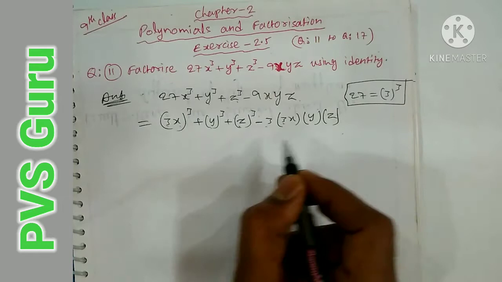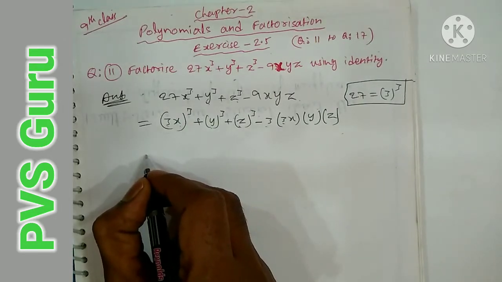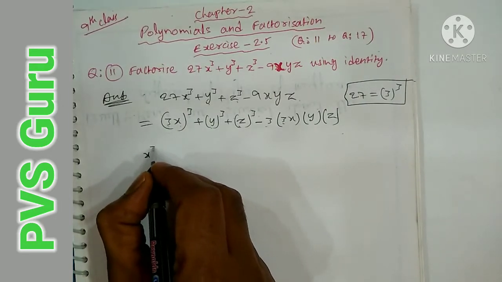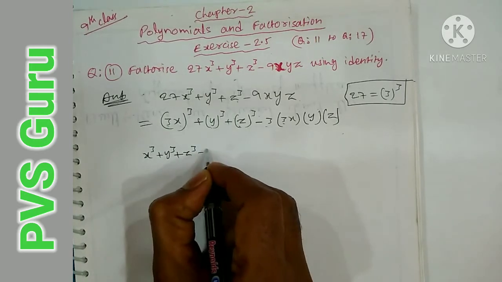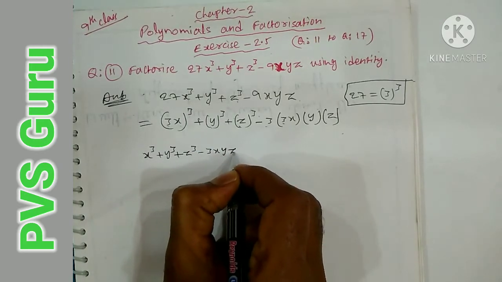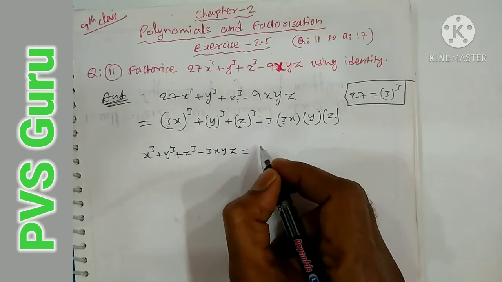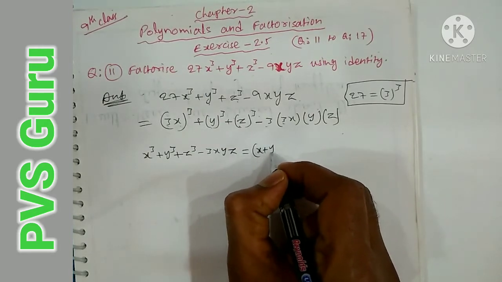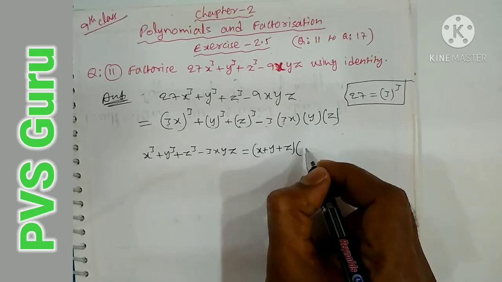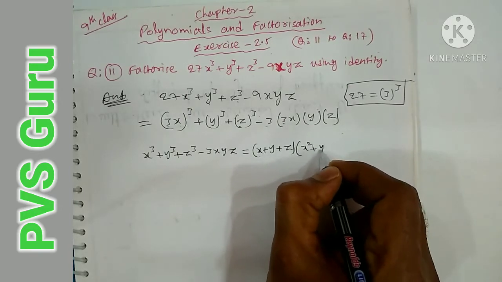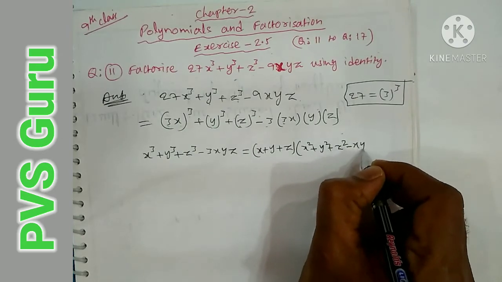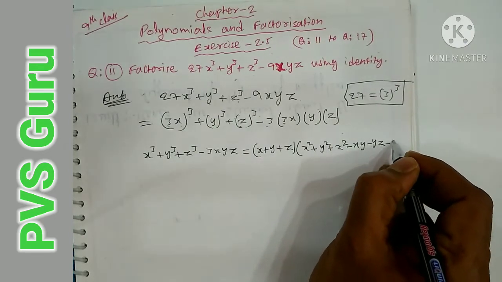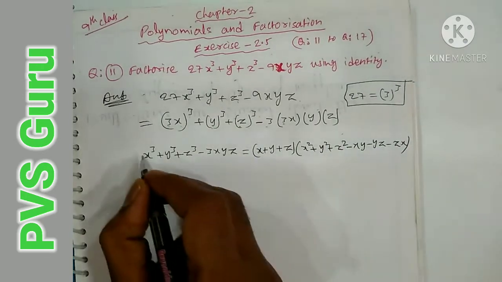So this is in the form of identity number 8: x cube plus y cube plus z cube minus 3xyz is equal to x plus y plus z into x square plus y square plus z square minus xy minus yz minus zx.